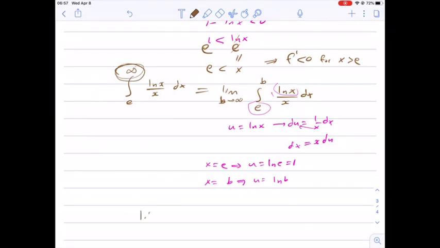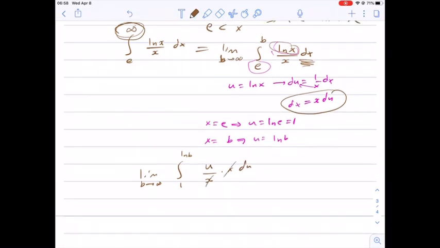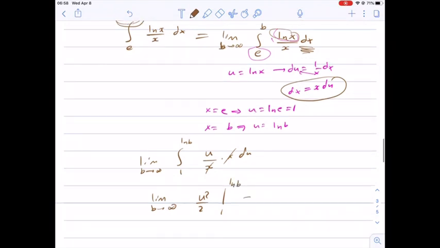And then we can find the improper integral: limit as b goes to infinity, the integral from 1 to natural log b of u. Now ln of x is u over x times dx, dx is x du, and then we cancel x and we integrate. So this is limit b goes to infinity, u squared over 2 from 1 to natural log b.